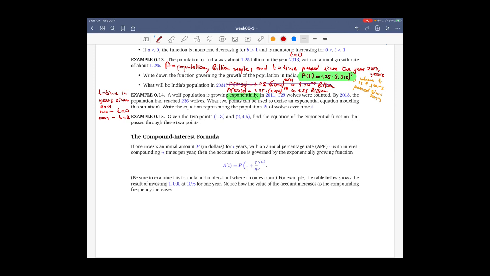Now, the population n of wolves is an exponential function, so we look for capital N in the form n of t equals a times b to the power t, where a and b are to be found.